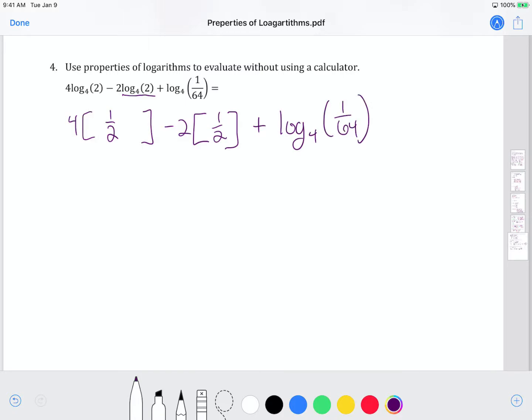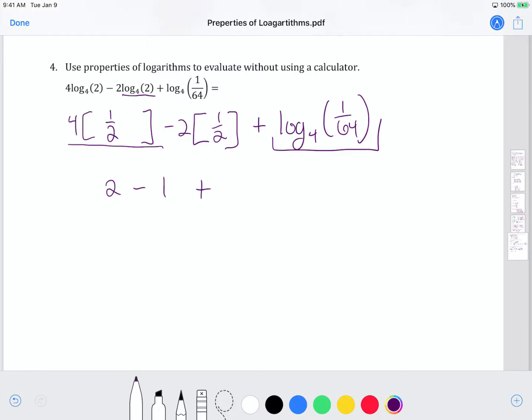Okay, so 4 times 1/2 would give me 2. Minus 2 times 1/2 would give me 1. And then 4 raised to what power? If I want to figure out what log base 4 of 1 over 64 is equal to, I know 4 to the third is 64.